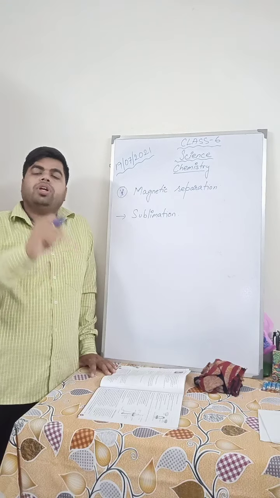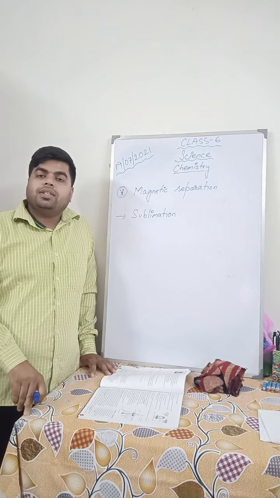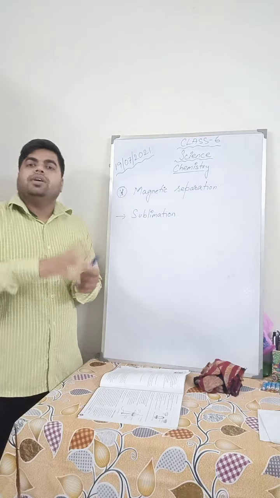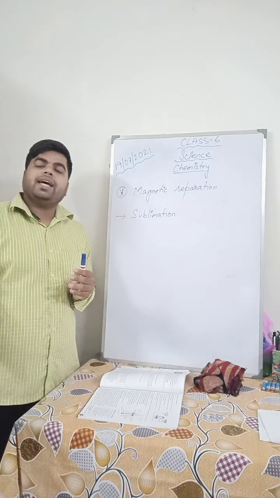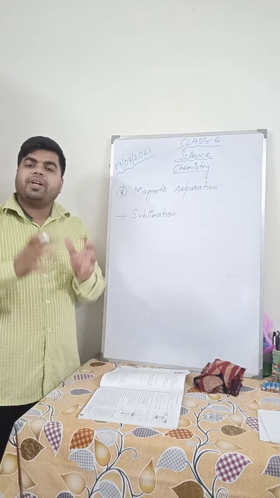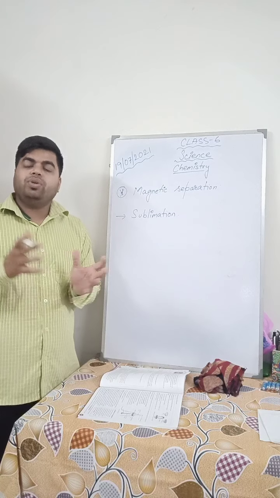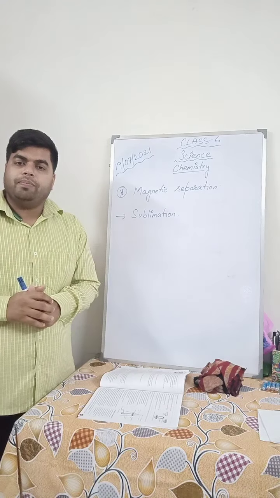This process is known as sublimation. If you have a mixture of substances which can sublime, which can change from solid to gaseous state directly without changing into liquid state, you can easily separate them.